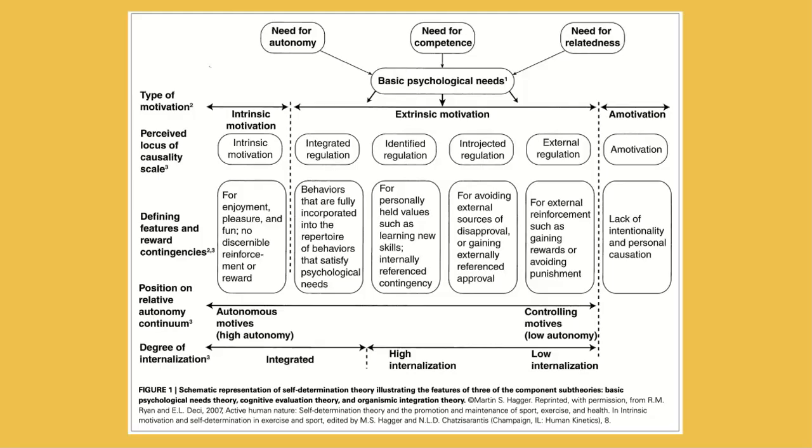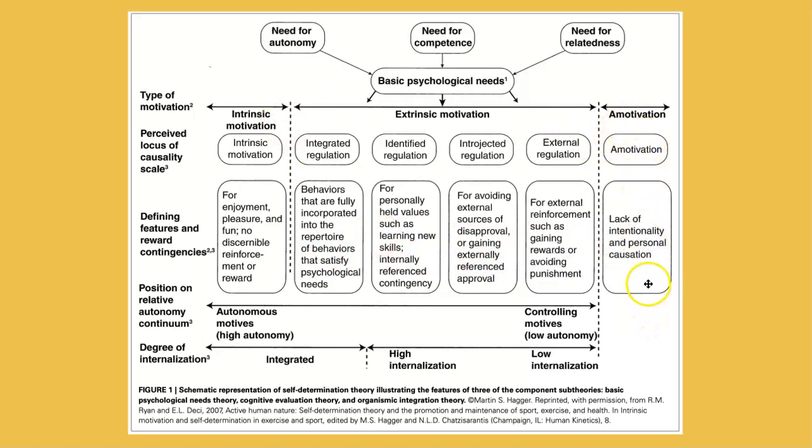So here you have a very busy graphic that tries to encapsulate the whole self-determination theory in one image. What you have in the middle, in these small rectangles, is what they call the continuum of motivation. On one end you have completely amotivated.